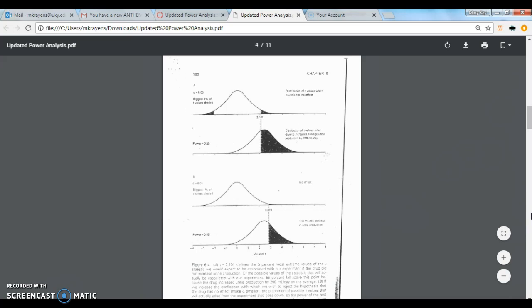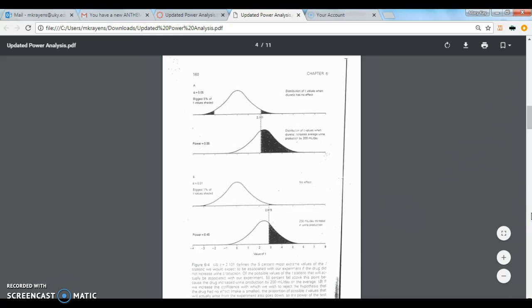As a result of that shift, 55% of the possible t-values would be higher than 2.101. So 55% of the time, we would reject the null hypothesis and conclude that the two groups were different, that the diuretic did have an effect.